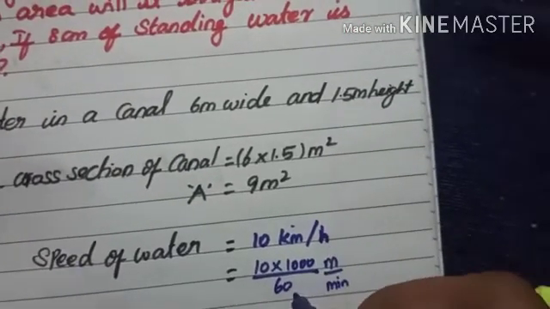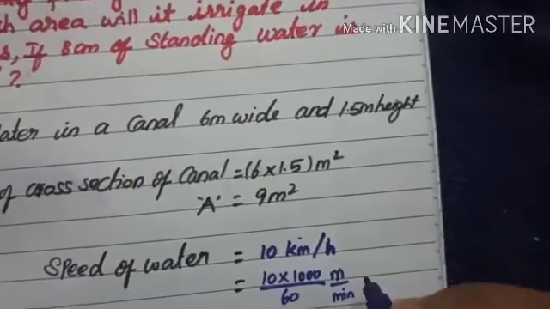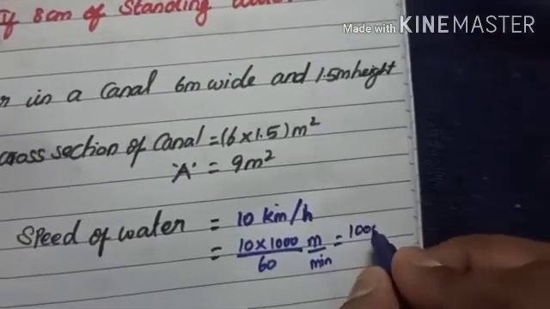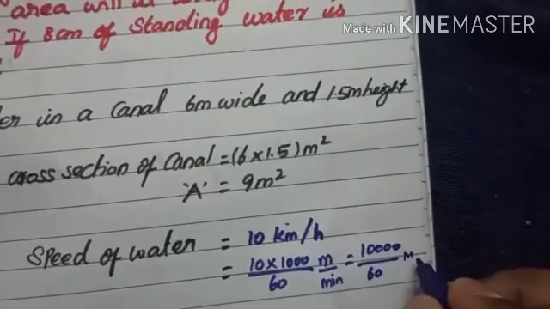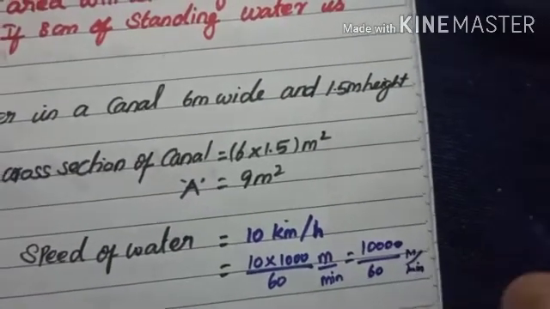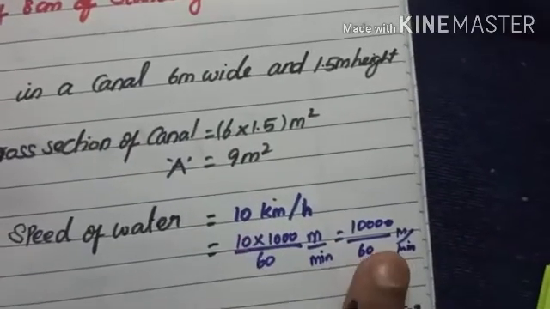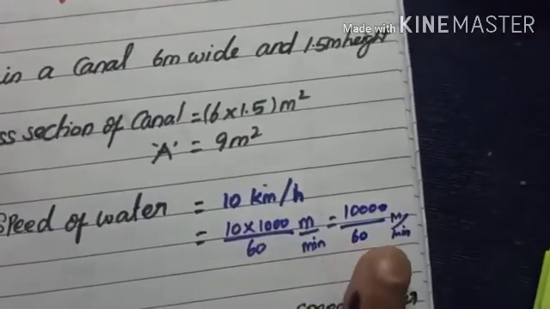So 1 hour equals 60 minutes and 1 kilometer is 1000 meters, so it becomes 10,000 divided by 60 meter per minute. Now the kilometer is converted to meter and the hour converted to minutes.